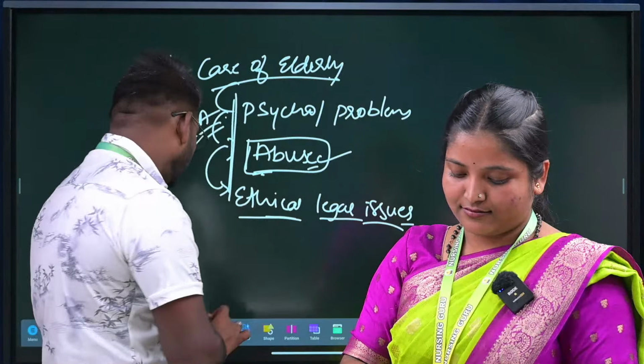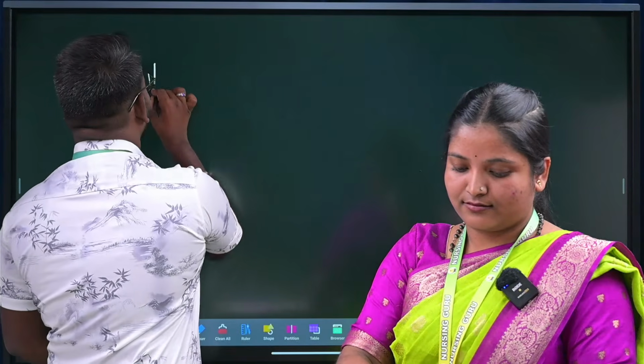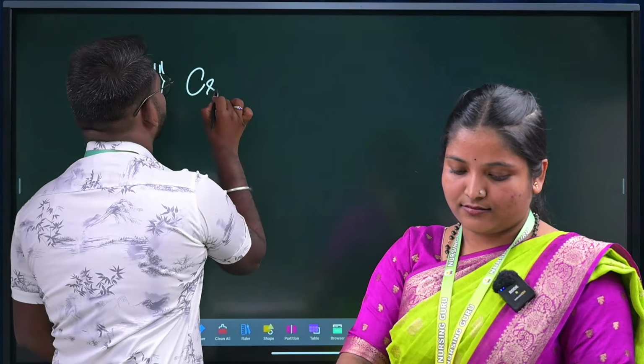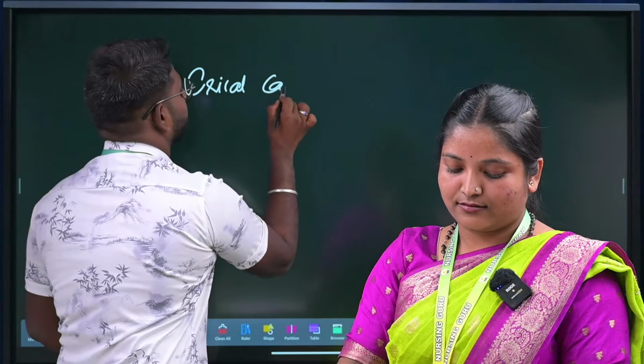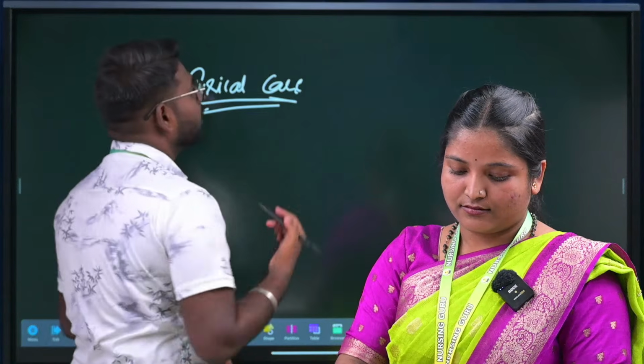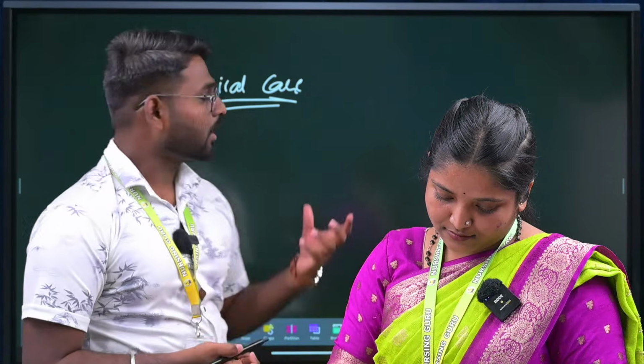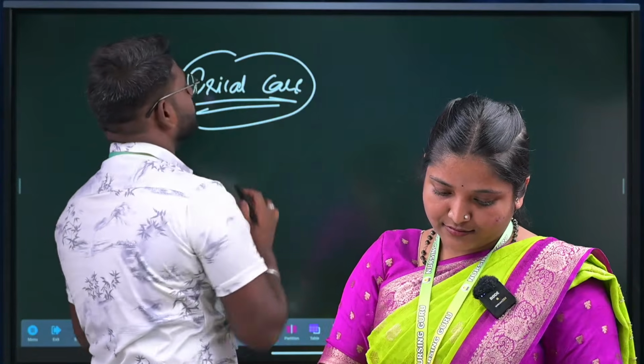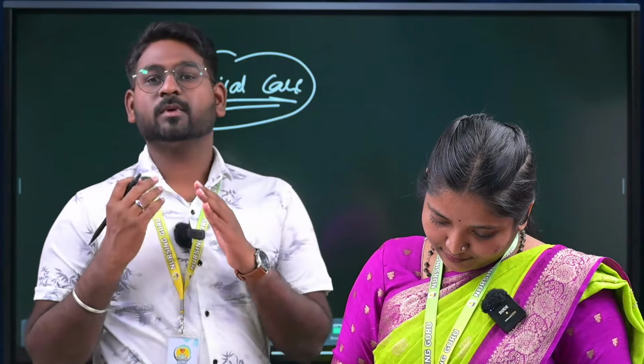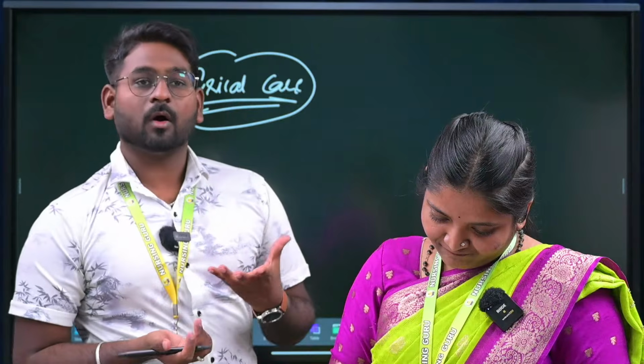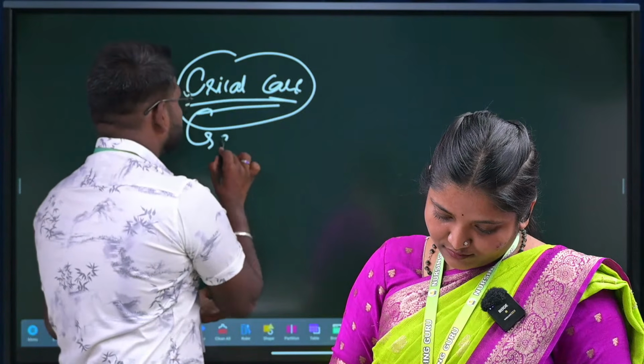Next we will move on to unit number 11, that is critical care, the management of the nurse with critical care, the nursing care. Here we need to focus more on the staffing pattern.